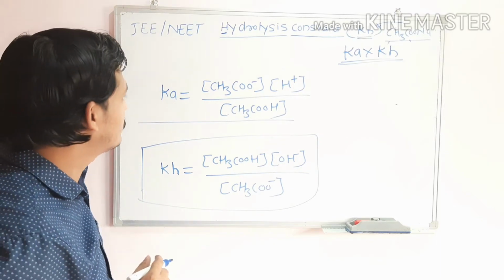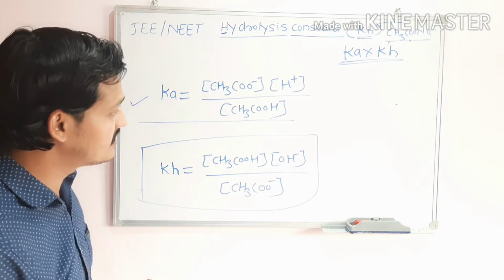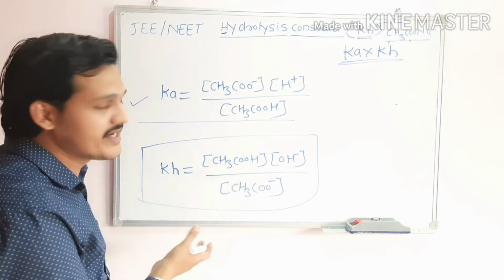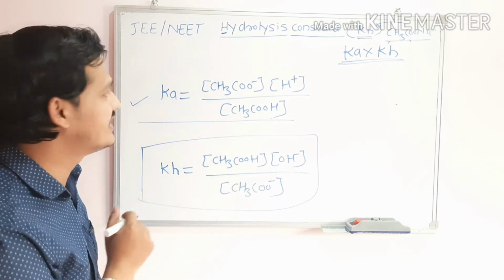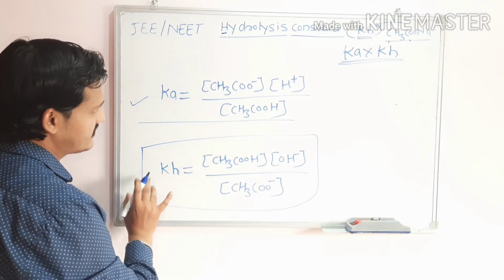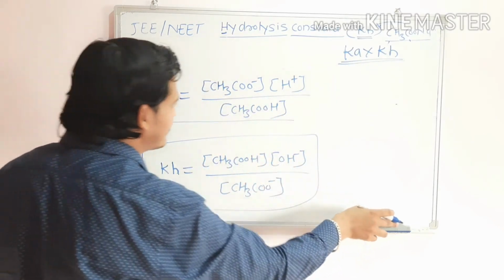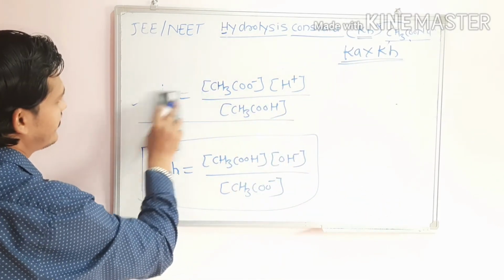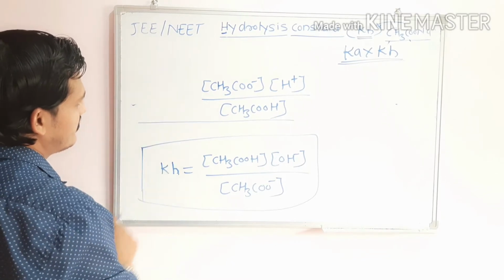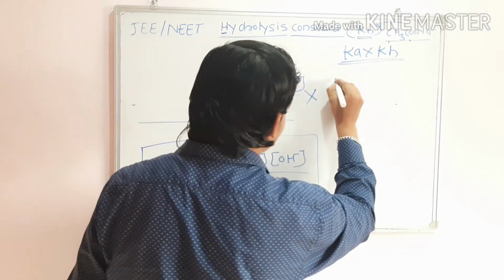So this is the value of Ka and this is the value of KH. We studied it, or described it, earlier. So Ka into KH. Okay, what is the value of KH? I am writing here. This is the value of KH.